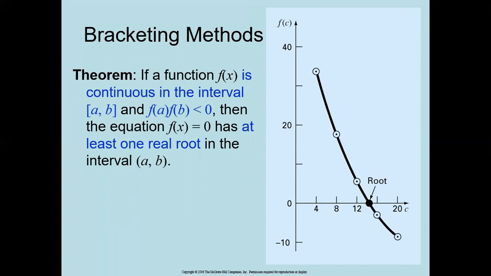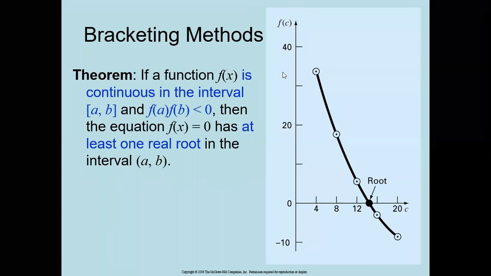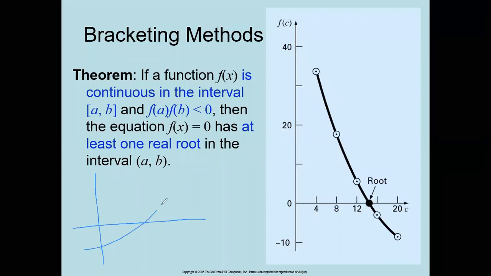So for example, we have a function like this, no? Okay, so we define our a and b. Of course, if we try to evaluate f of a, this turns out to be negative, no?